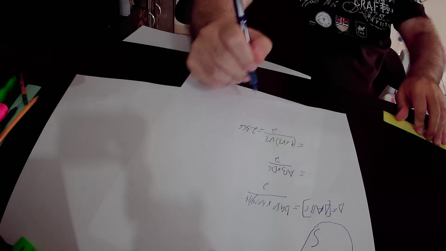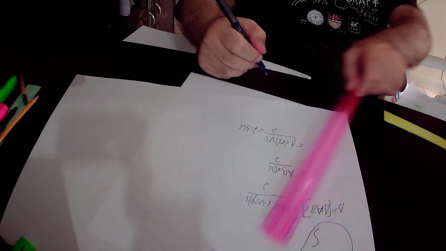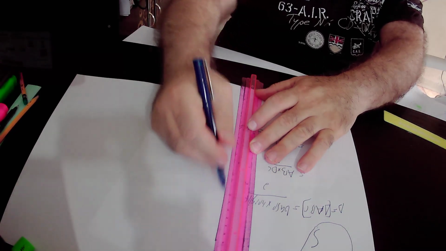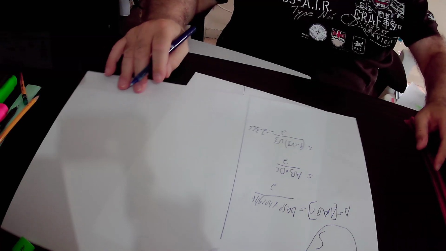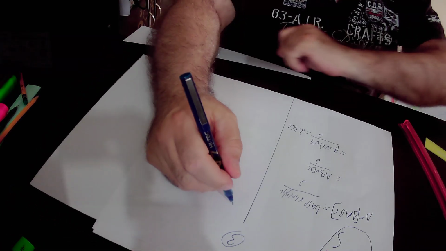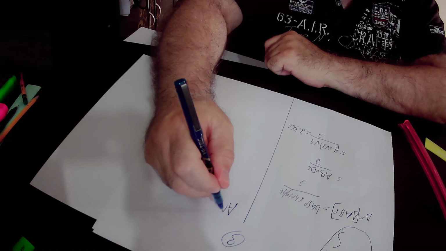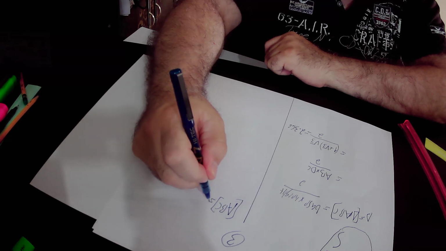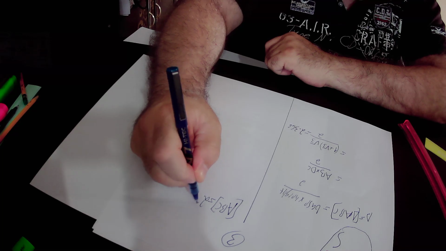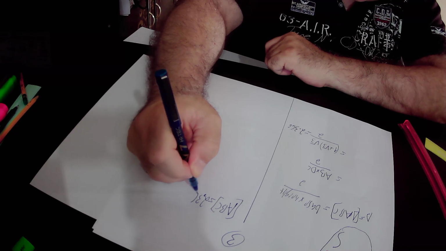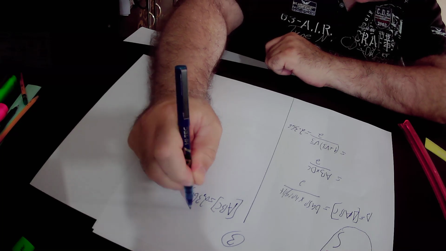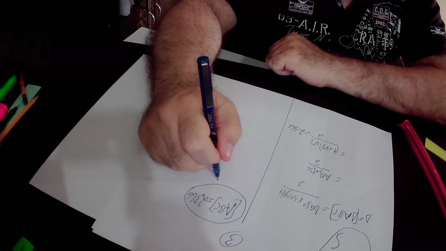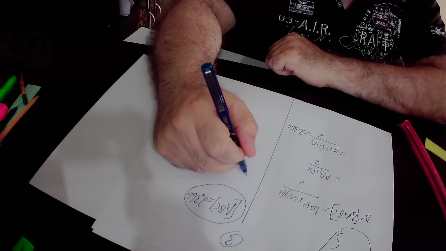So actually we found out that the area of triangle ABC is equal to 2.366 square units.